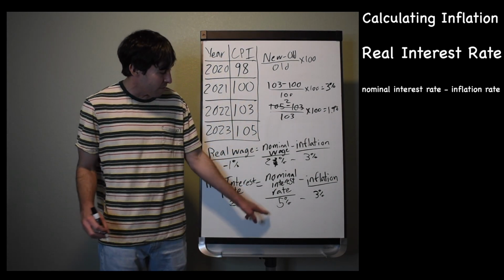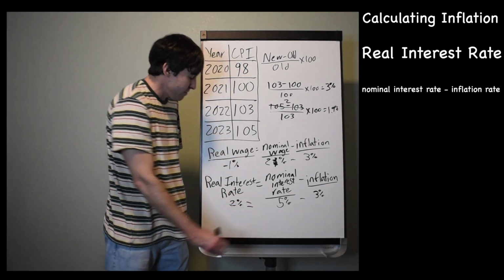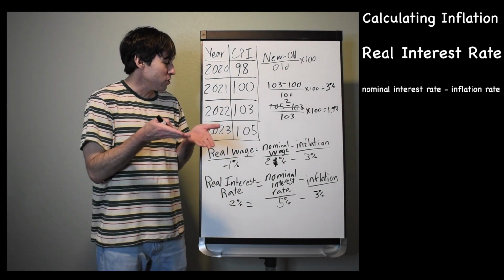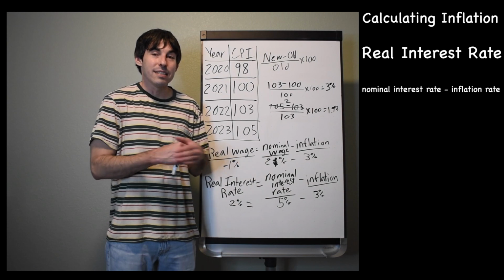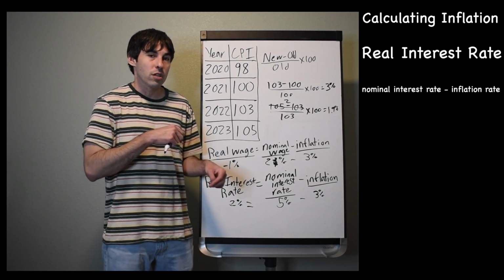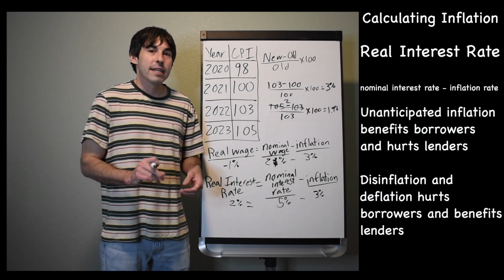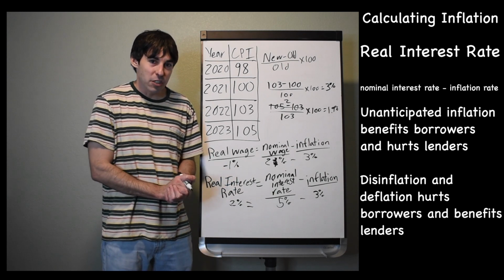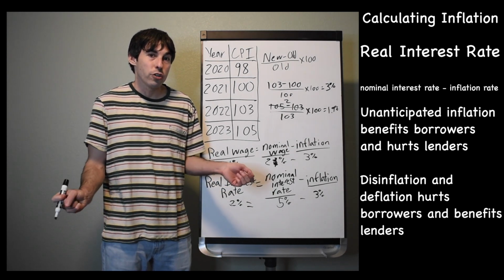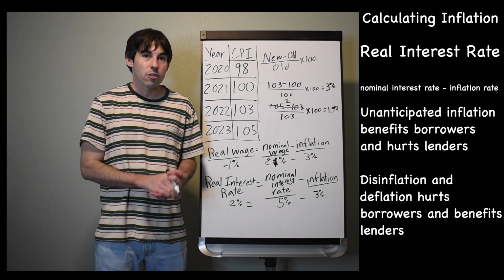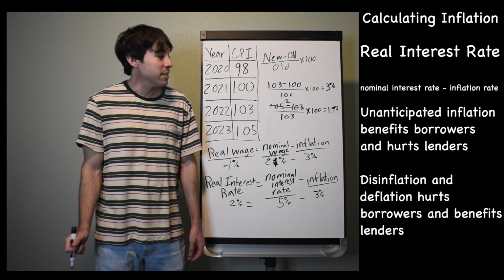So I'm still paying back that 5%, but it actually feels like 2% because prices are rising, and so the money is worth 3% less than it was when I took out the loan. The money I'm paying back to the bank can't buy as much stuff as it could the day I took out the loan. So I'm paying back $1 that is worth less than we anticipated.